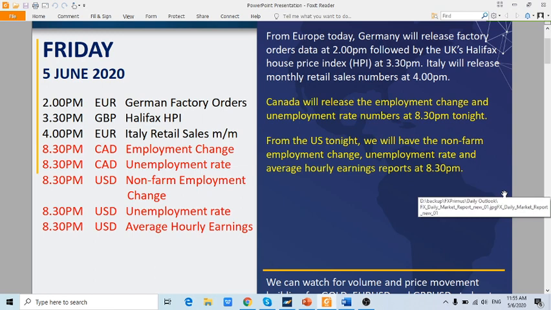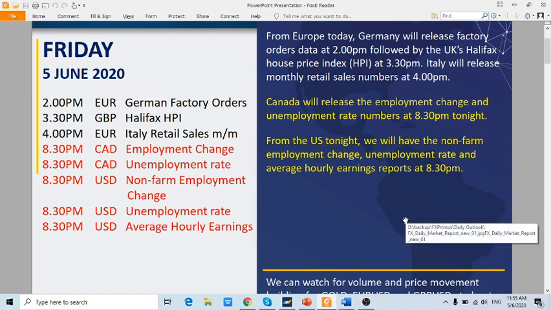Again, we can see yesterday's unemployment claims data coming in at 1.8 million unemployment claims being submitted, and of course, the jobs numbers are slowly stabilizing and picking up. So we may see some positive developments in the non-farm employment change data coming out at 8:30 p.m.